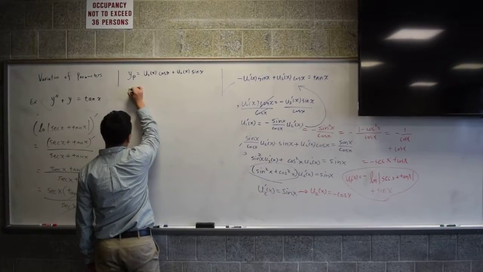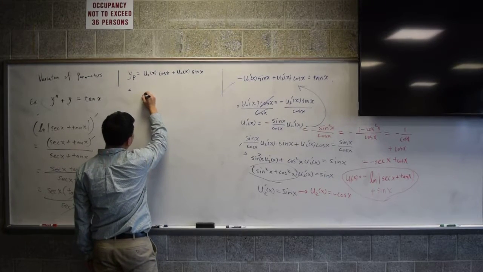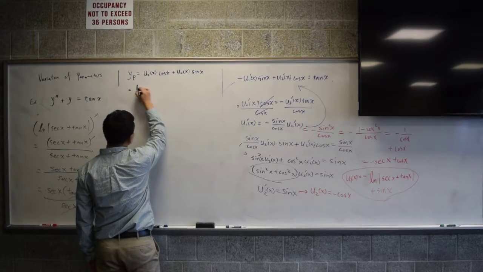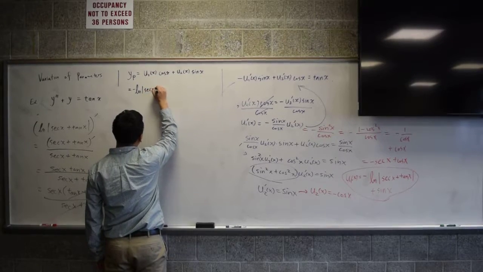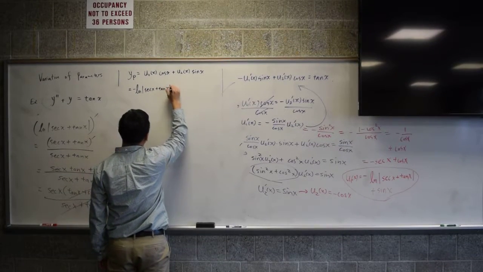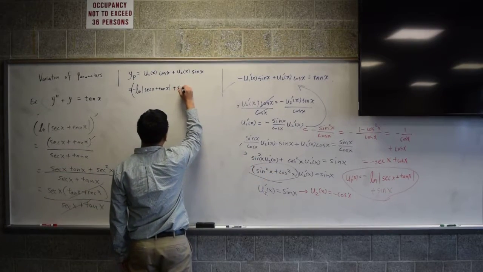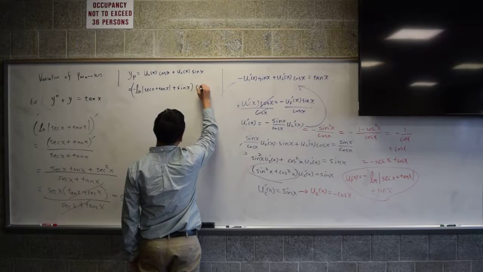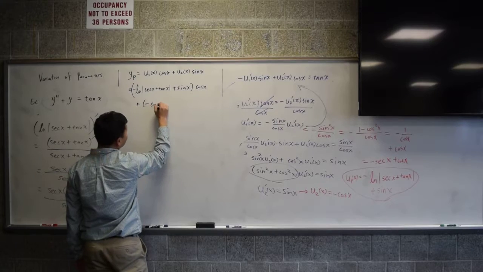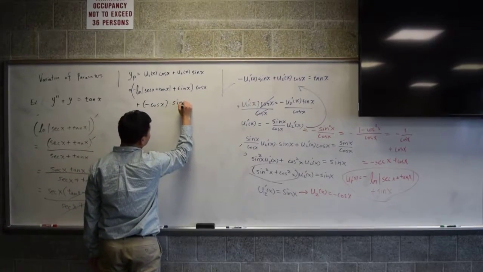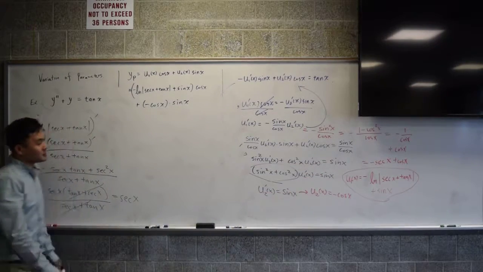All right, so that we know. So now we can say yp is, actually with the minus sign, minus ln secant x plus tangent x plus sine x times cosine x plus u2, which is negative cosine x times sine x. We found our u2 and u1 from there, and I plugged them in.